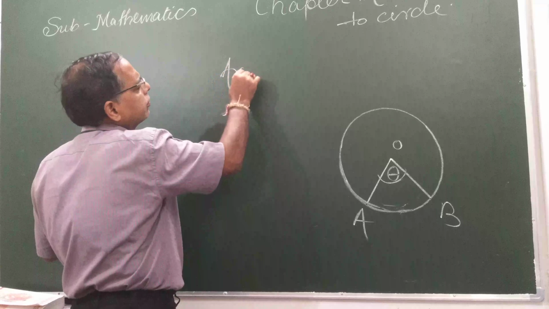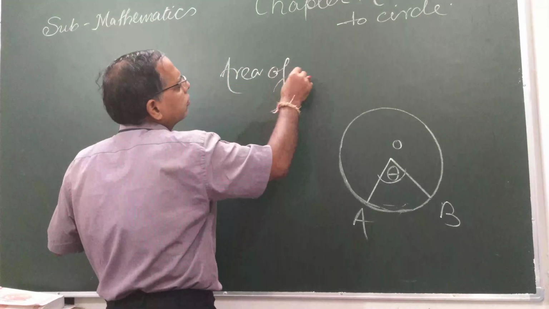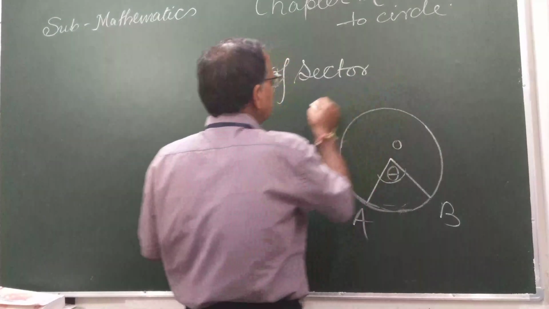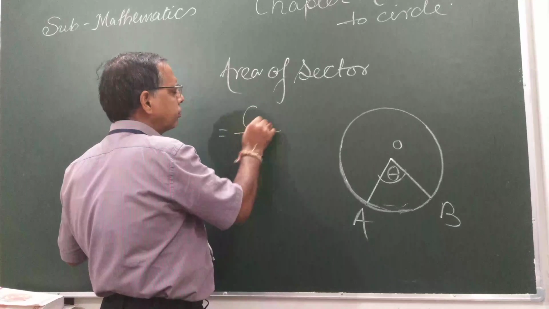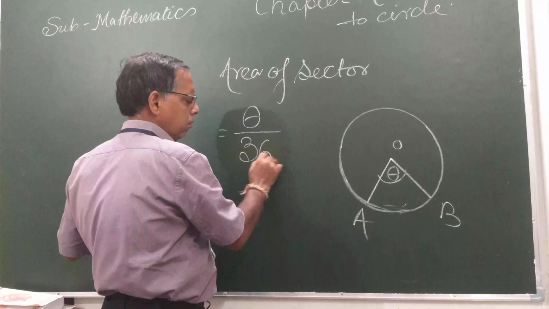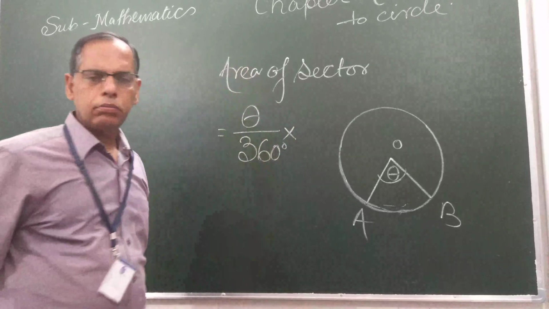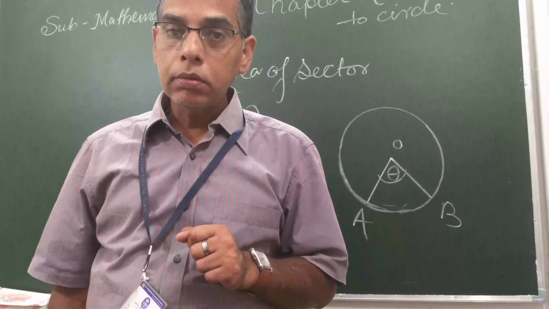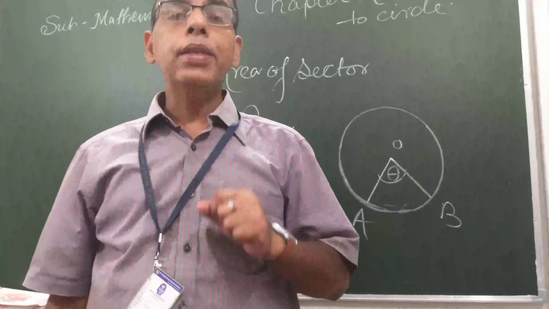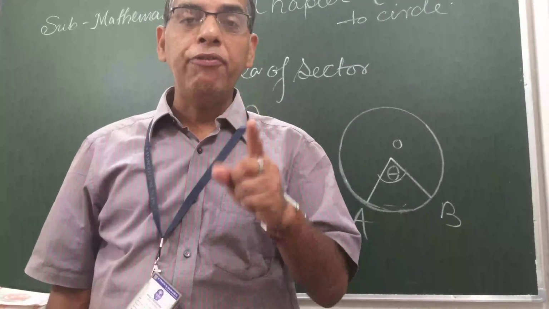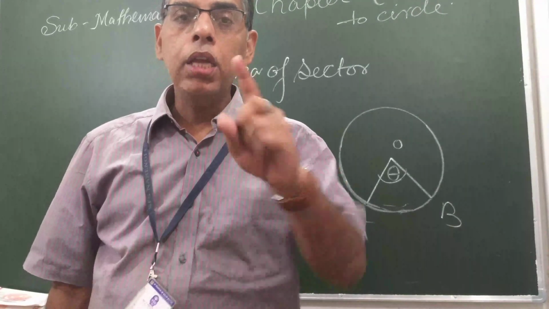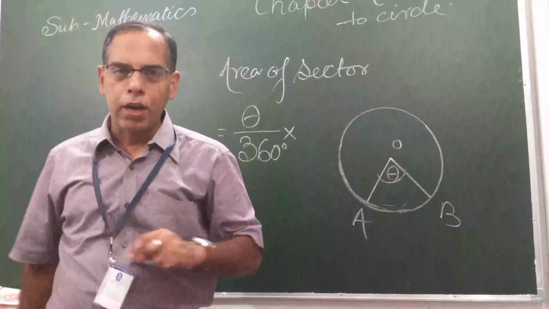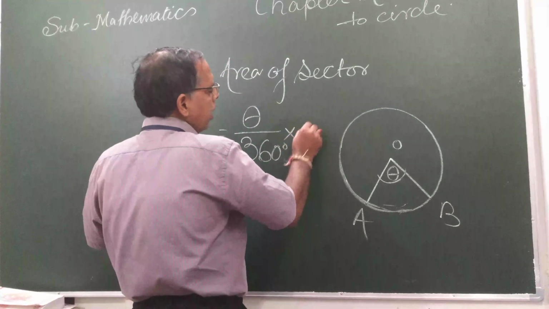So area of sector equal to theta by 360 into how much? Whether this is the arc length, circumference, or area: if it is area, then definitely it is area of the circle. When it was the arc length, we used 2 pi r, that is circumference. Now here we will use pi r square.